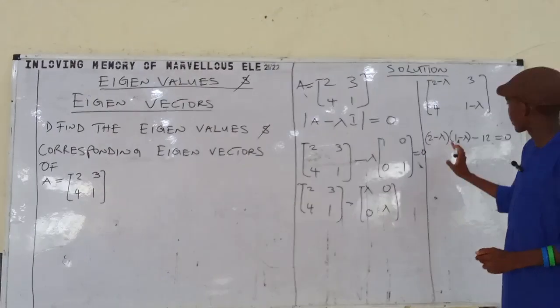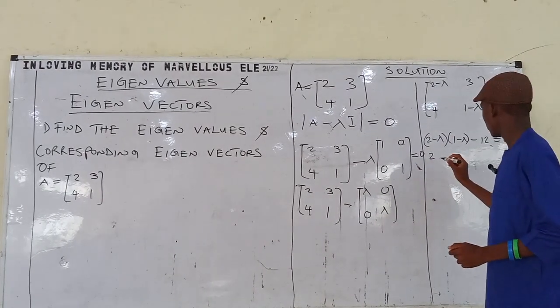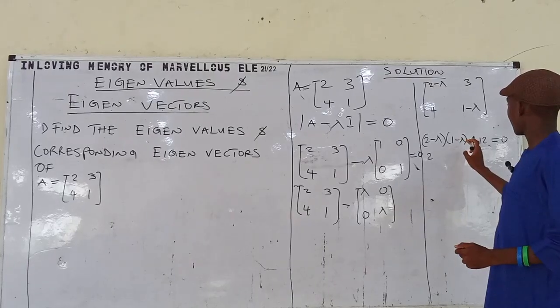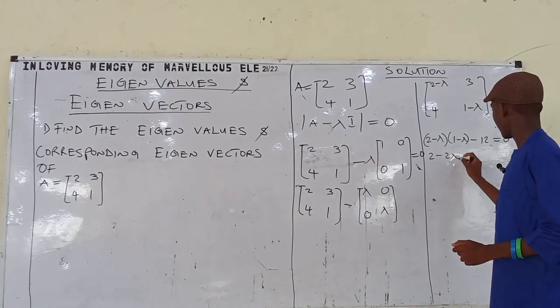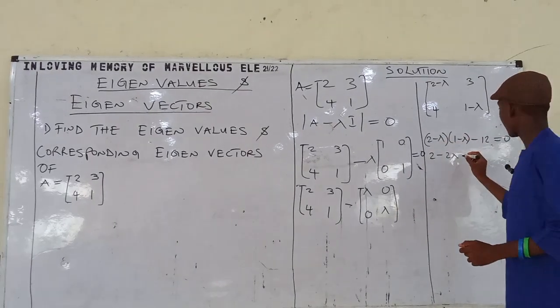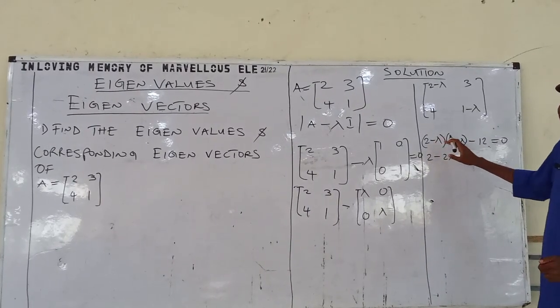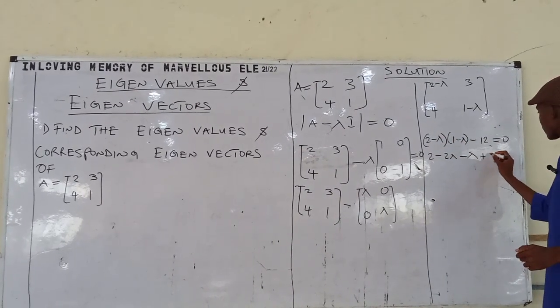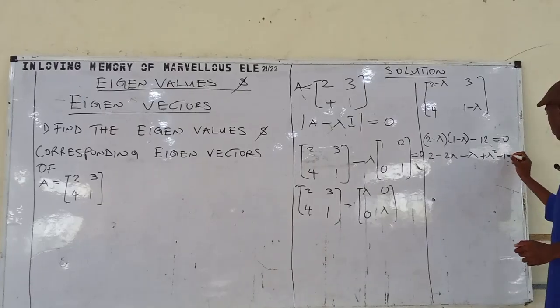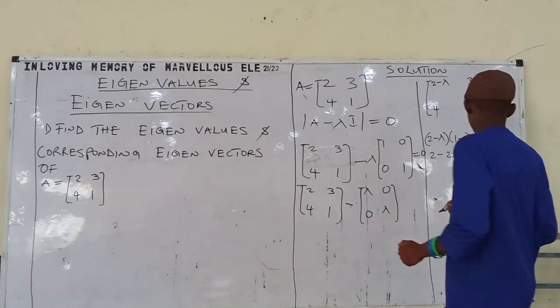Let's multiply these two together. 2 times 1 is 2. 2 times minus lambda is minus 2 lambda. Minus lambda times 1 is minus lambda, plus minus lambda times minus lambda is plus lambda squared, minus 12 equals 0.